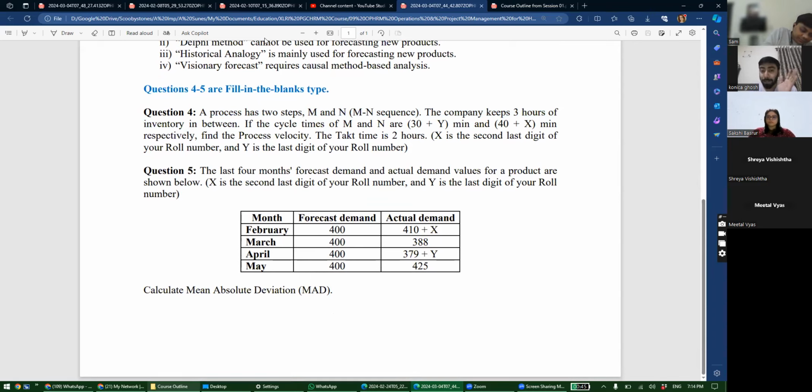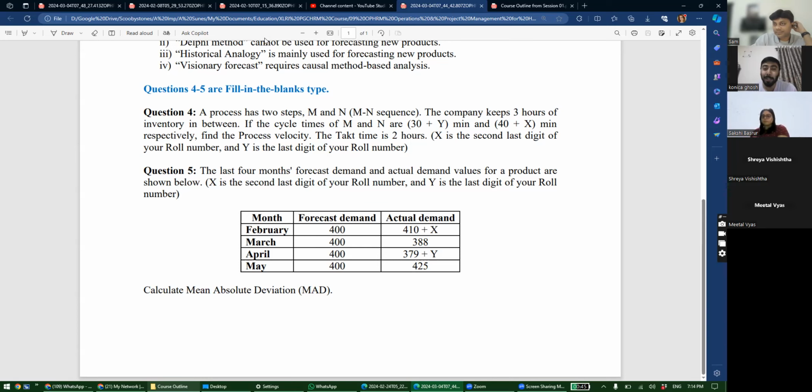Why am I saying it's simpler? Because the number of calculations that you have to do to arrive at the answer is lesser compared to question 4. So I'll explain to you the simpler one first, so that it sets the tone, and then we'll go to the tougher problem. Does that work?